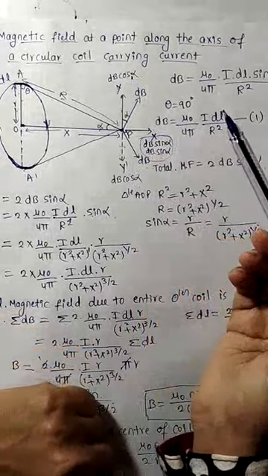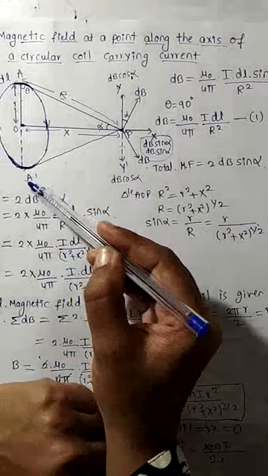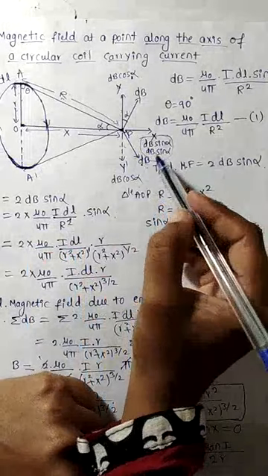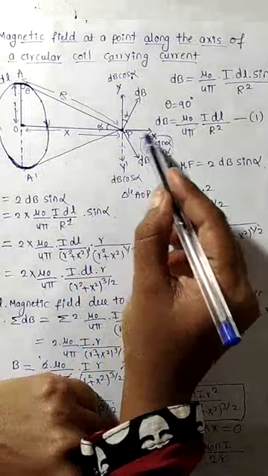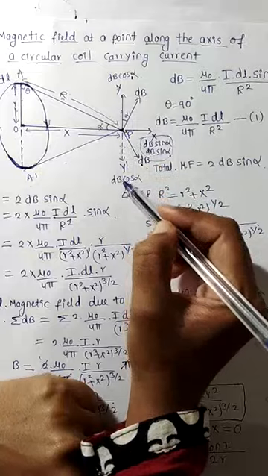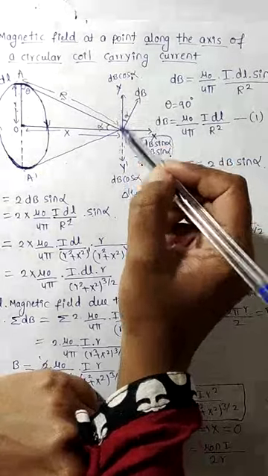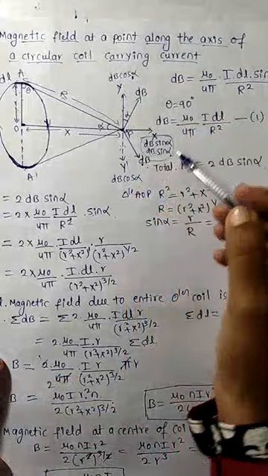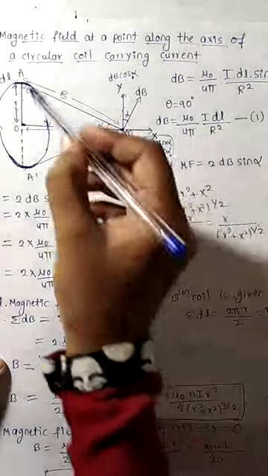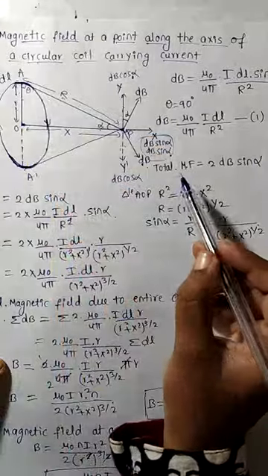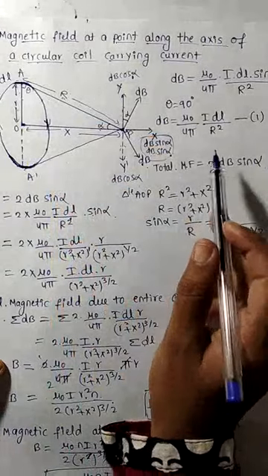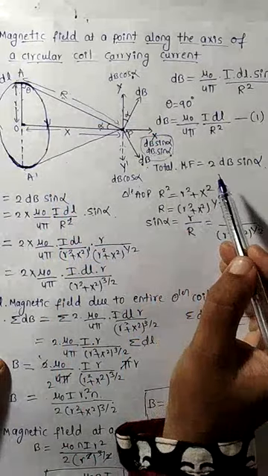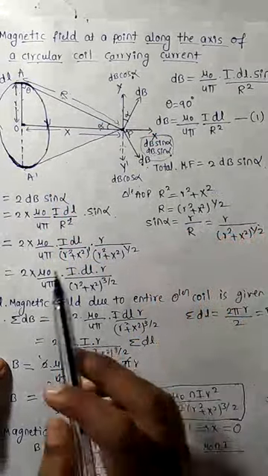Same thing when you go for the A dash current element, this dB will be acting in this direction, which is resolving to dB sin alpha in the same direction, but dB cos alpha in the opposite direction of this one. That's why these two will cancel with each other. So the total field at P due to A and A dash is given by dB sin alpha plus dB sin alpha, because both are in the same direction. That's why it is 2 dB sin alpha we got.